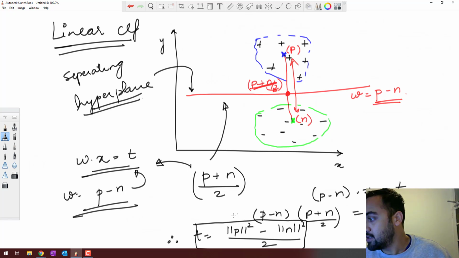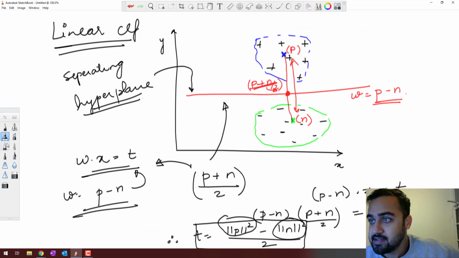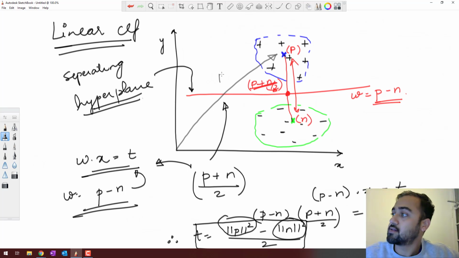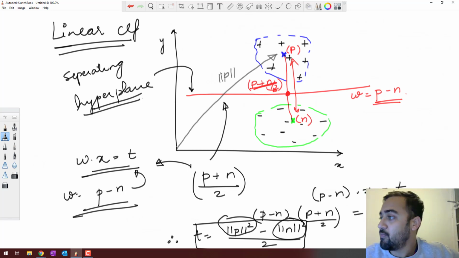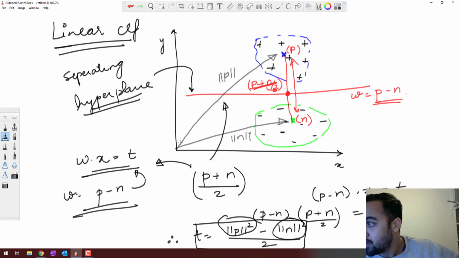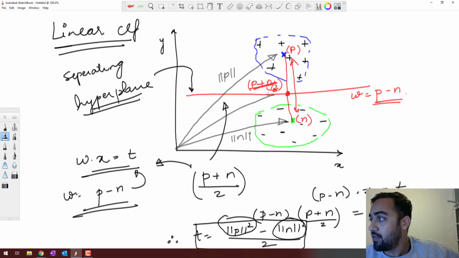Now, if we are to consider the length of the positive and negative center masses, what we need to calculate is, this is equal to the length of P. This is equal to the length of vector N, and this would have been equal to, right, 2.